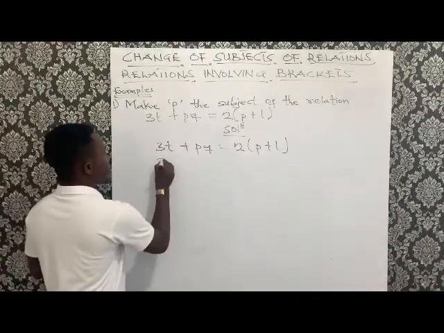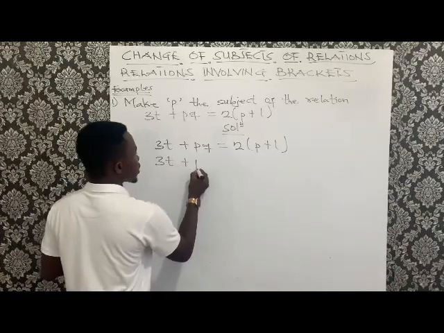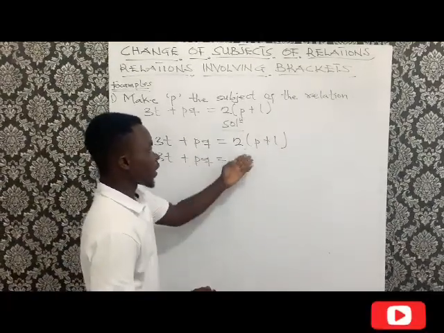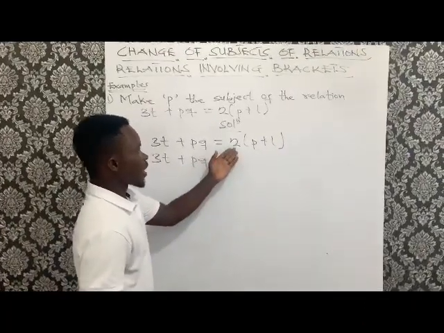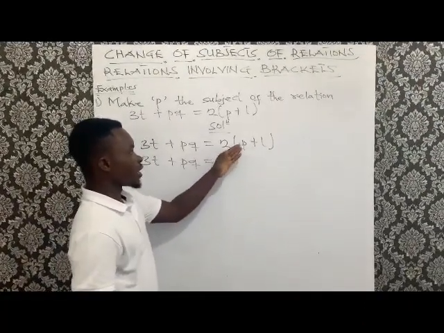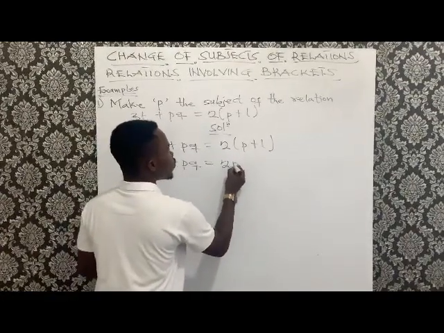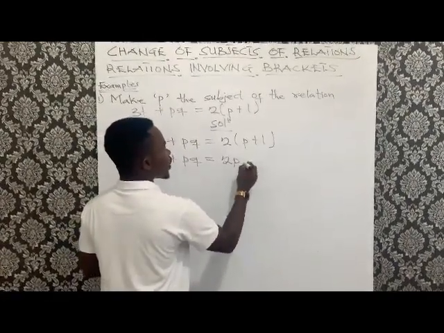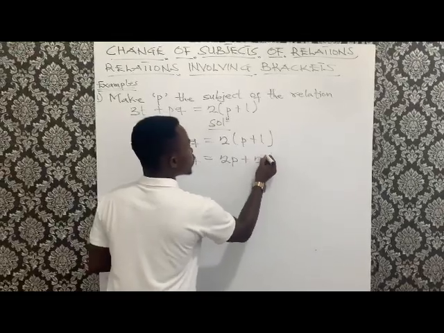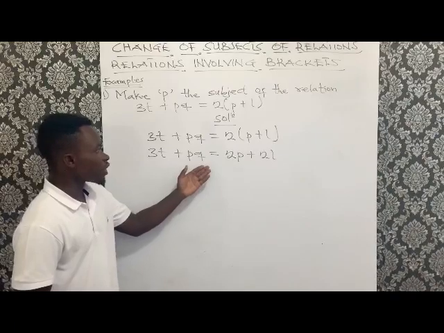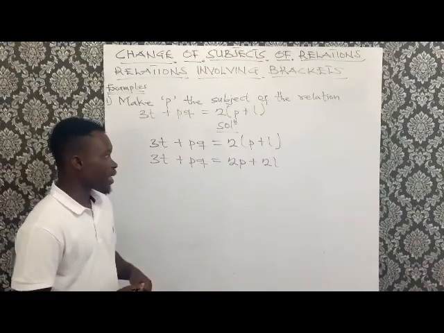Now we have 3t plus pq equals. To remove this bracket, the term outside the bracket will multiply each of the terms in the bracket. So 2 times p will give us 2p, and 2 times positive l will give us positive 2l. Now from here, we group terms containing p at one side of the relation.